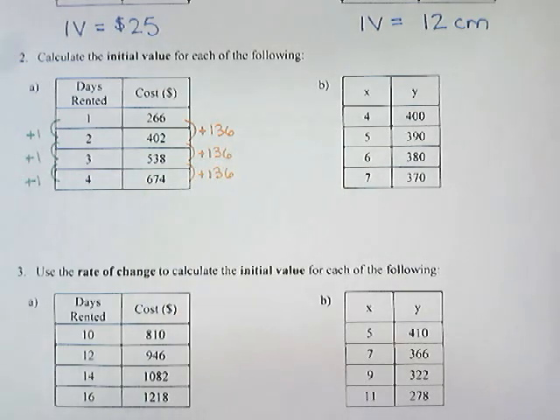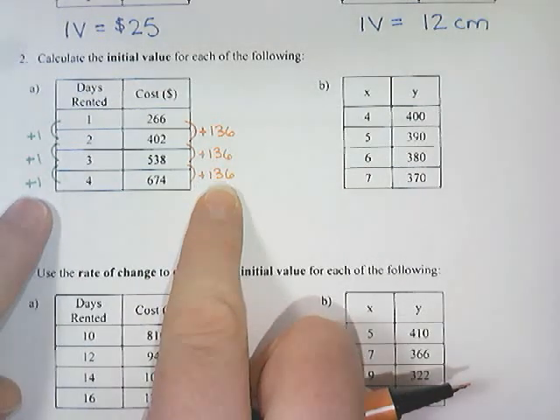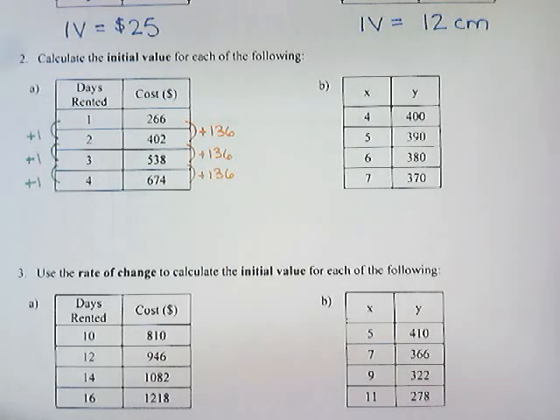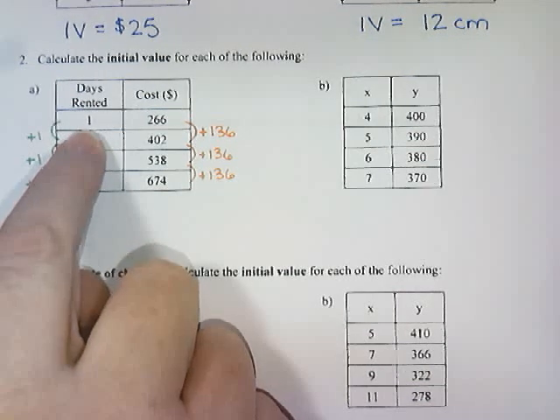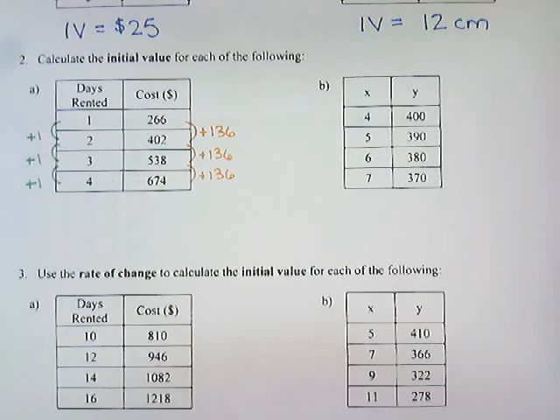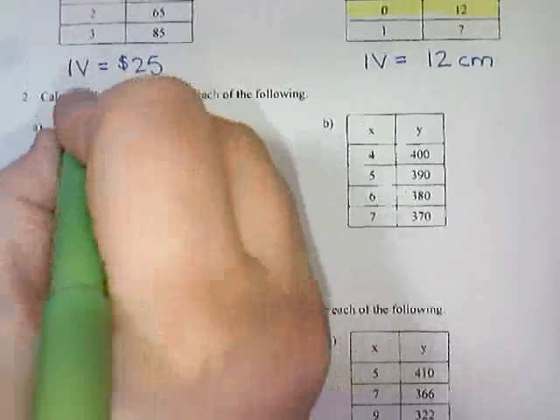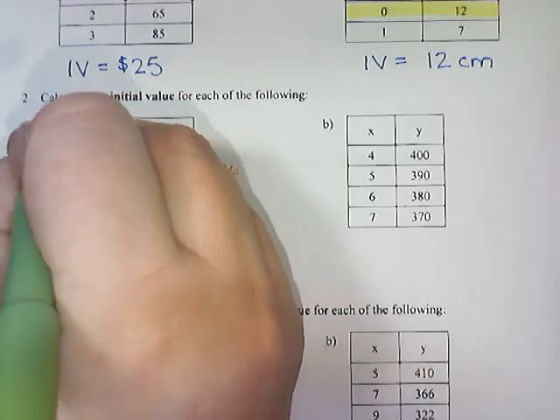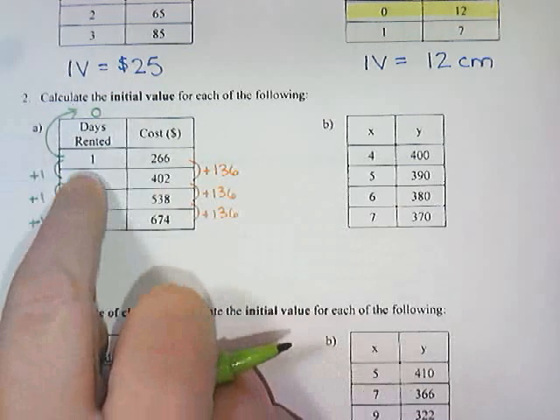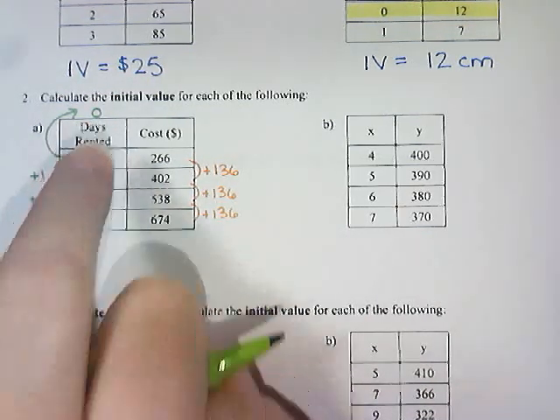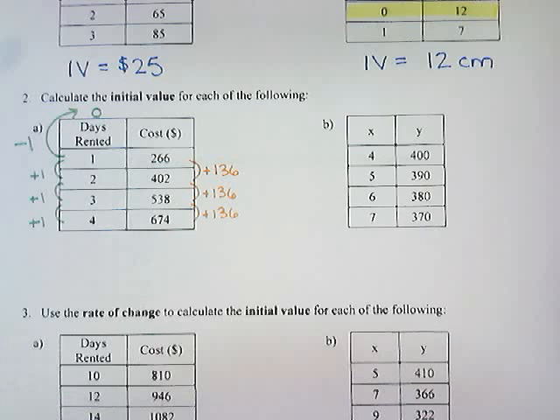Okay, so I do notice the differences are the same, which tells me that it's linear, right? So I should be able to follow that pattern backwards. So I have 1. I need to go back 1 space to get back to 0. I think I might write it on the top of the table here. So I would need to go back 1 day to get to day 0. So we would do a -1.